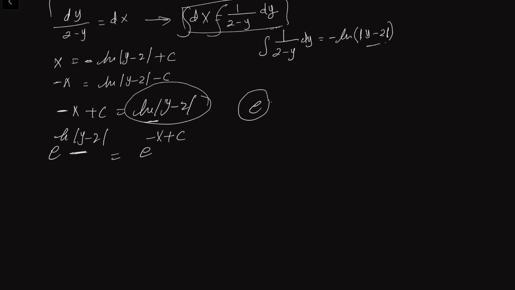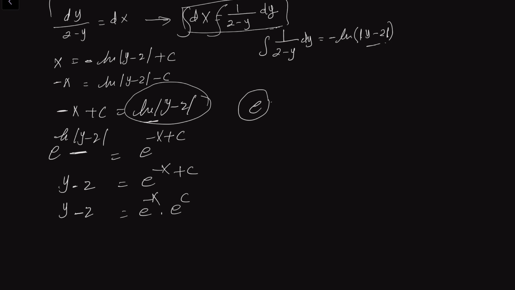So y minus 2 is equal to e to the minus x plus c, which is exactly the same as y minus 2 equals e to the minus x times e to the c.